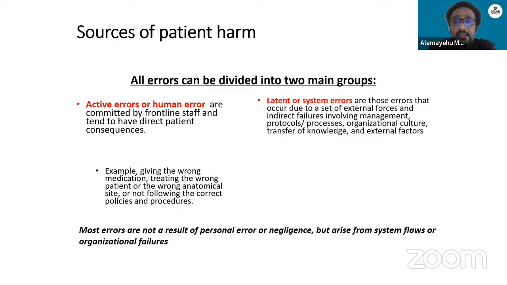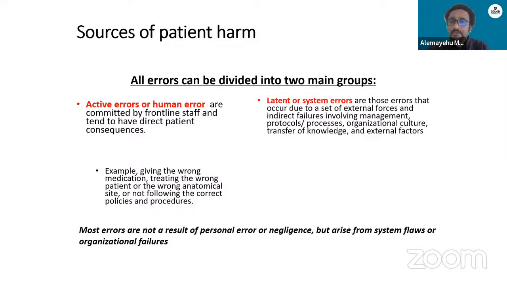The other errors are latent or system errors. These are errors that occur due to a set of external factors. It's not about the individual, it's not about the person in focus, but it's about external factors or indirect failures involving policies, protocols, organizational culture, and knowledge transfer, that means communication across the healthcare organization, maybe across the healthcare professionals.